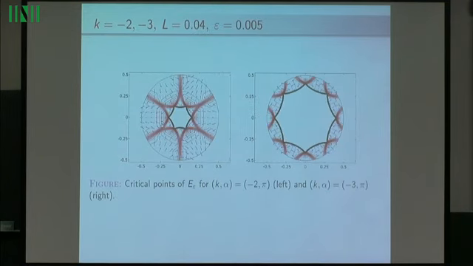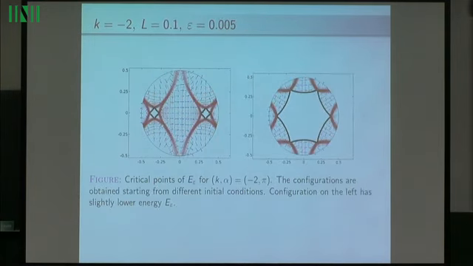If you increase the degree, so from -2 and -3, you basically see a very similar picture, but now you get more corners. If you go back to degree -2, the standard Ginzburg-Landau result is that one vortex of degree 2 is more expensive than two vortices of degree 1.